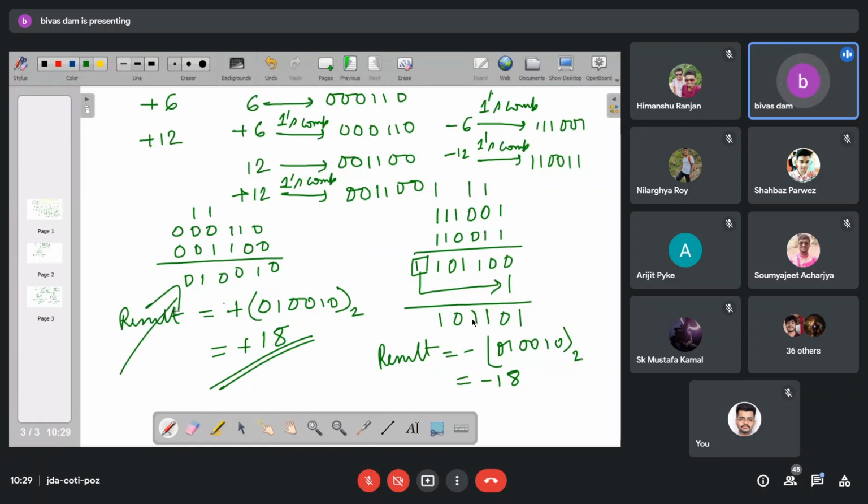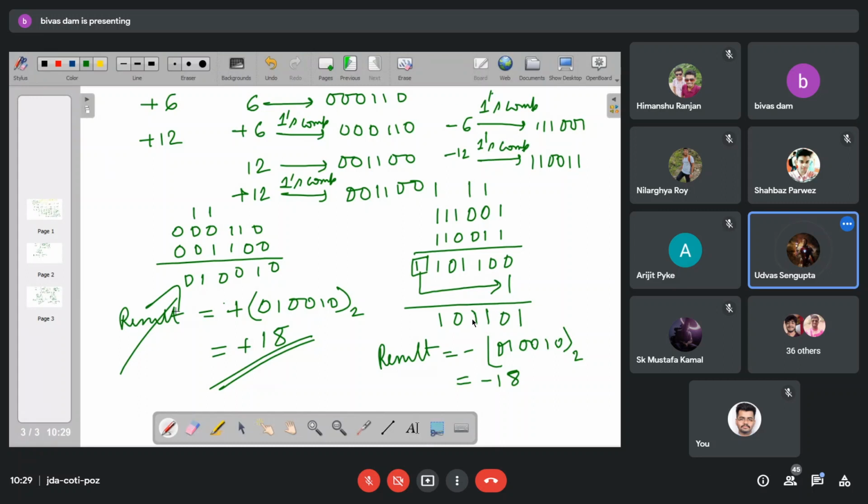Is there any end-around carry? No, sir. So is the result negative? No, sir. So I have a doubt. If the addition is like seven 1s, then the final carry will go to the LSB.